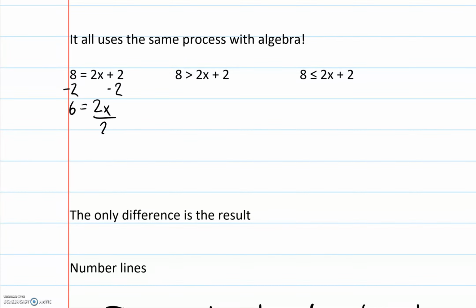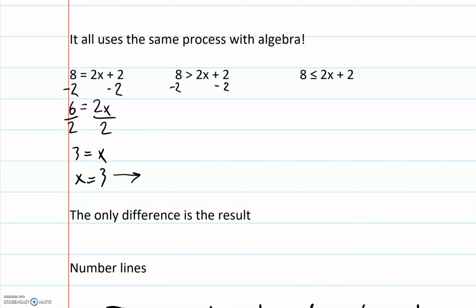Then we divide by 2, which gives us 3 equals x. Before, we were able to just switch those around and it was fine because they're equal. Now with inequalities, there's only going to be one step that's different. All the rest is the same.